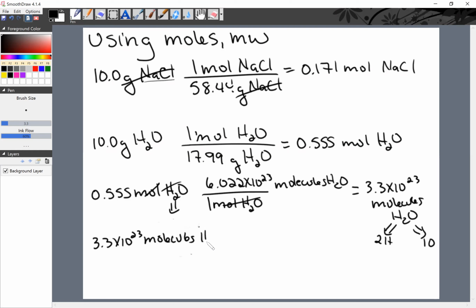And that's molecules of water. And if I'm looking for hydrogen, I know that 1 molecule of water contains 2 atoms of hydrogen. And so basically it's 2 times that number, and 6.7.